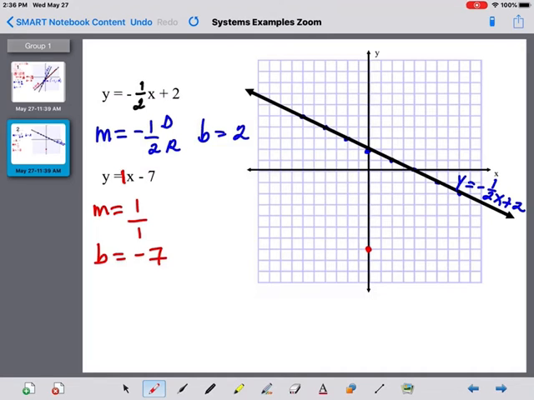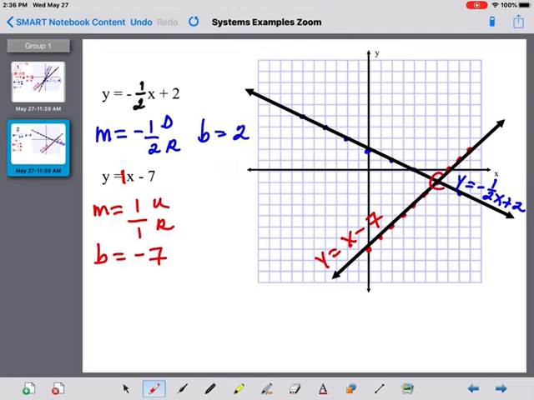My slope is a +1/1, so I know I'm going up 1 and to the right 1, and I'm going to keep doing that until I cross over that other line. Okay, so once I do that, I can connect the points for that equation. I'm going to write my original equation on the line, which was y equals x minus 7.